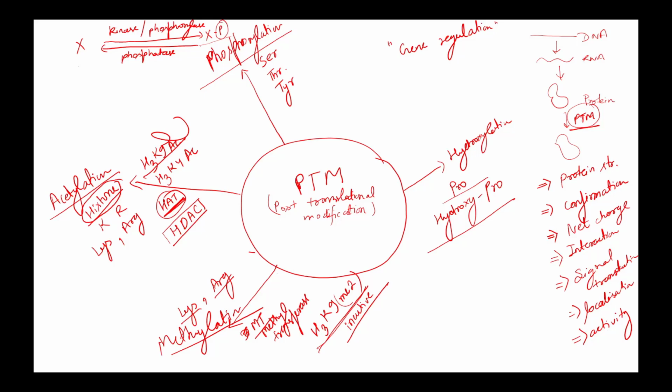Other than these common ones, we have several other kinds, where addition of a saccharide to an amino acid residue is glycosylation, and also addition of lipid and other complex moieties. So there are several different kinds of post-translational modification that can take place on the amino acid residues.